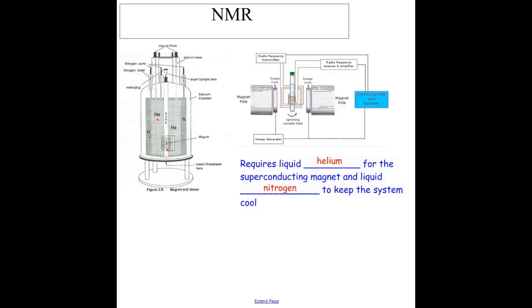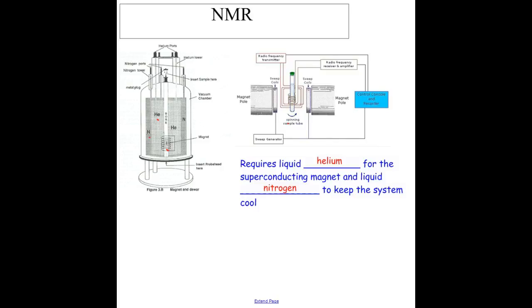So here's what an NMR machine looks like from the inside. There is a quickly spinning sample tube. These tubes are ridiculously expensive. And it is between the poles of the magnet, and there's some radio frequency hitting it. And that whole system has to be kept very cold for the very powerful magnets that we're using. So we have the magnet inside liquid helium at 4 Kelvin.